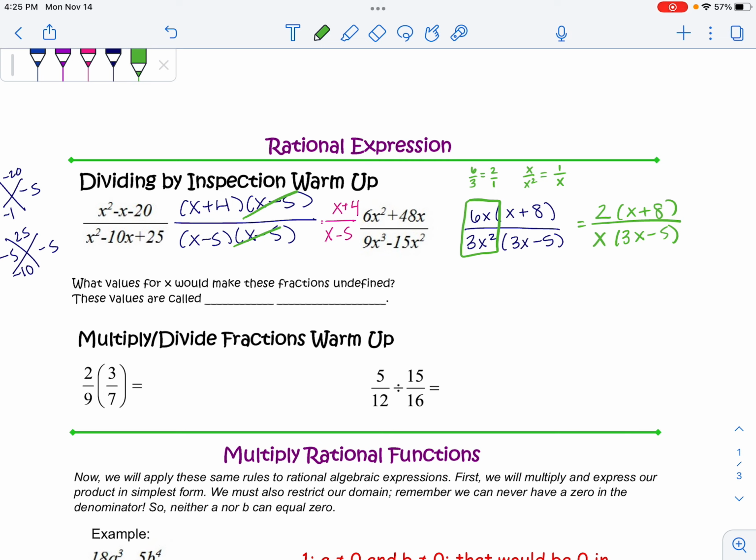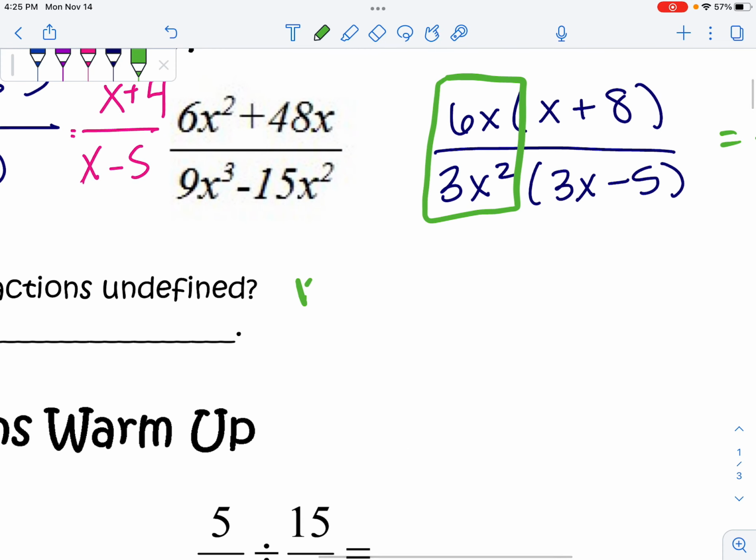All right, so what values for x would make these fractions undefined? What does it mean for a fraction to be undefined? A little reminder that an undefined fraction is a fraction that has 0 in the denominator. That is not allowed.